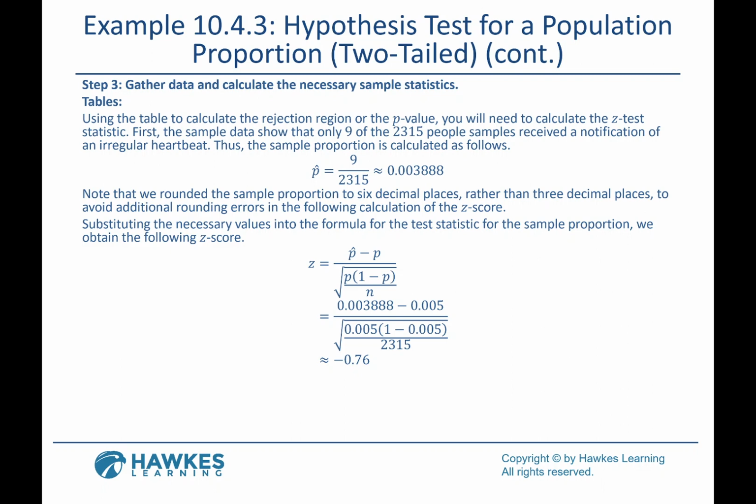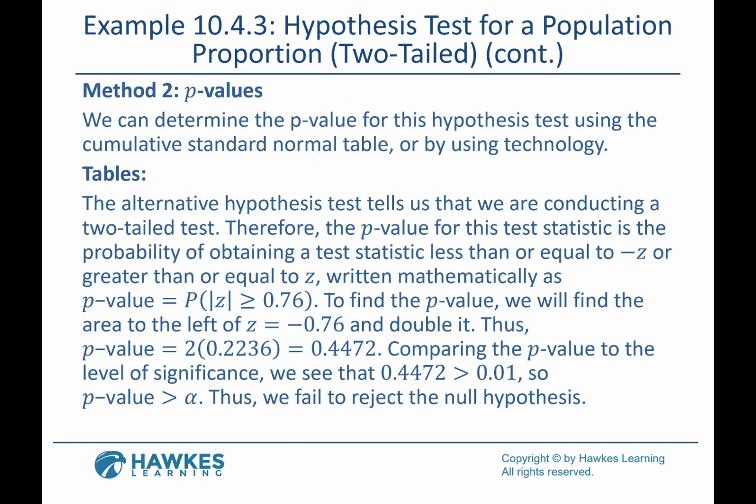And when they plugged that into the formula, they got negative 0.76 for their test statistic, which made their p-value 0.4472, but they get the same conclusion at the end.